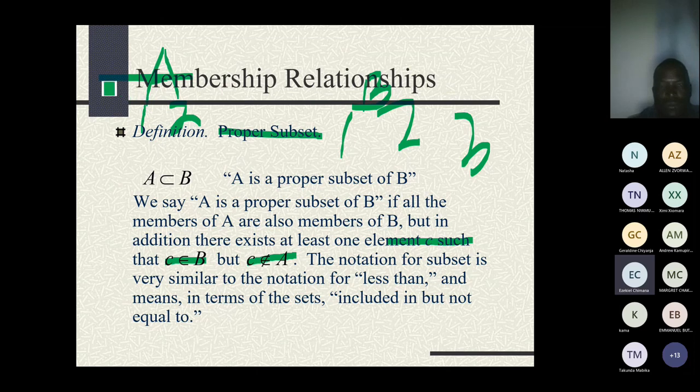Because we've got 1 and 2, which also appear in B, and those are all the elements that belong to A. After that, we also have this element C, which is in B, but which is not in A. So in other words, for a proper subset, the set A will not be equal to B. That's a proper subset. I don't know if there is any question there.